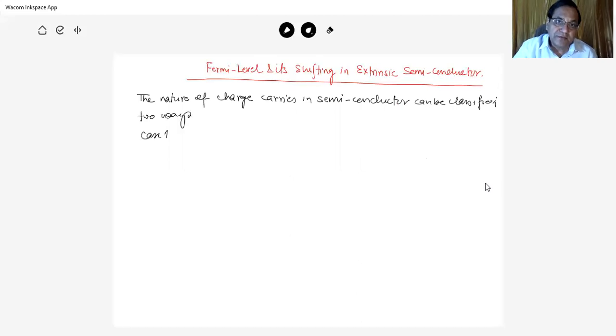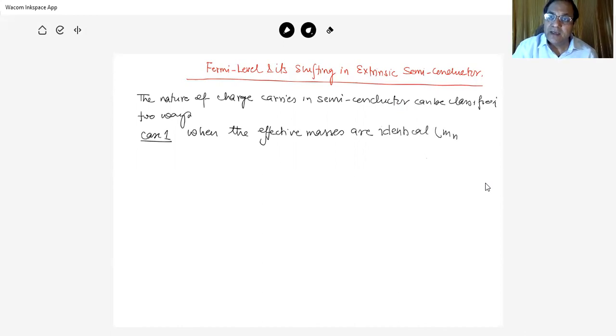First case, when the effective masses are identical. That is, Mn, the effective mass of electron, is equal to Mp, the effective mass of hole.